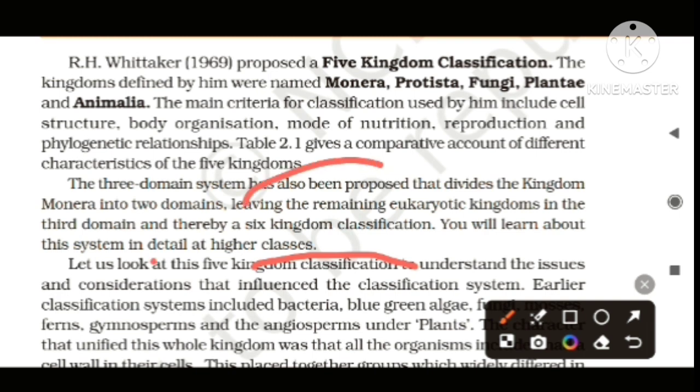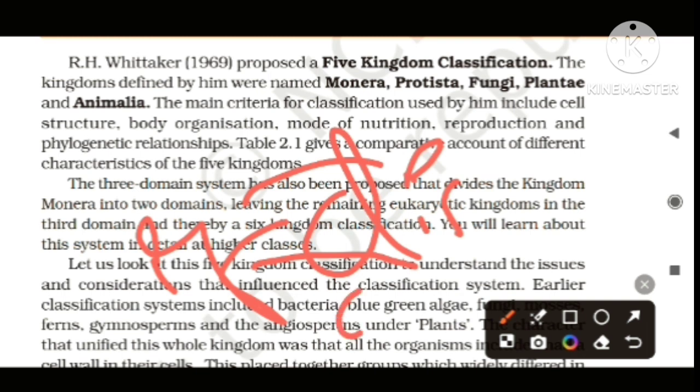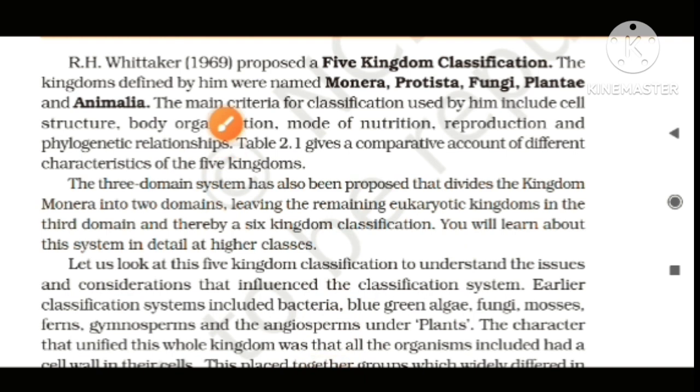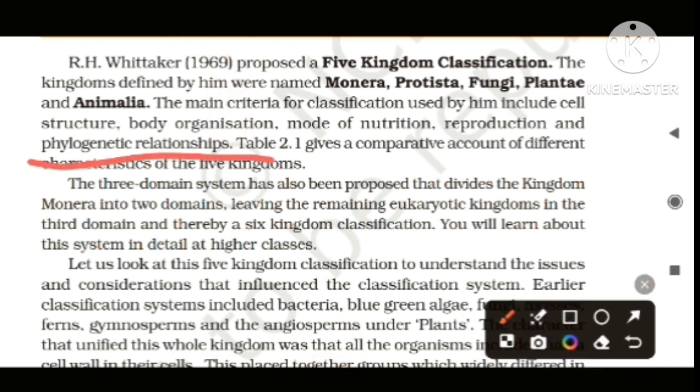If we take a dinosaur skeleton or other organisms, dog, or mammals, we have to check the relationship among them. That is phylogenetic relationship.